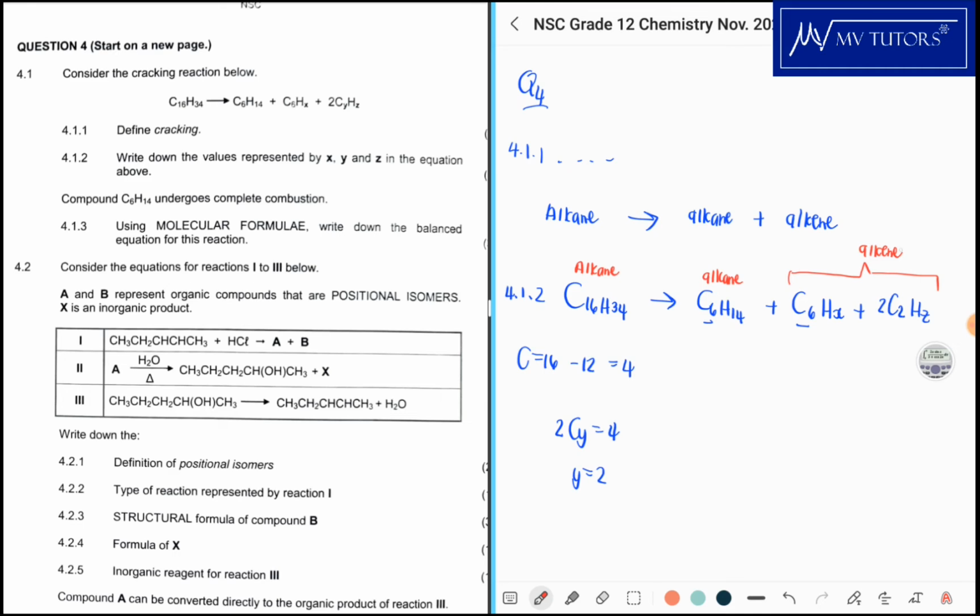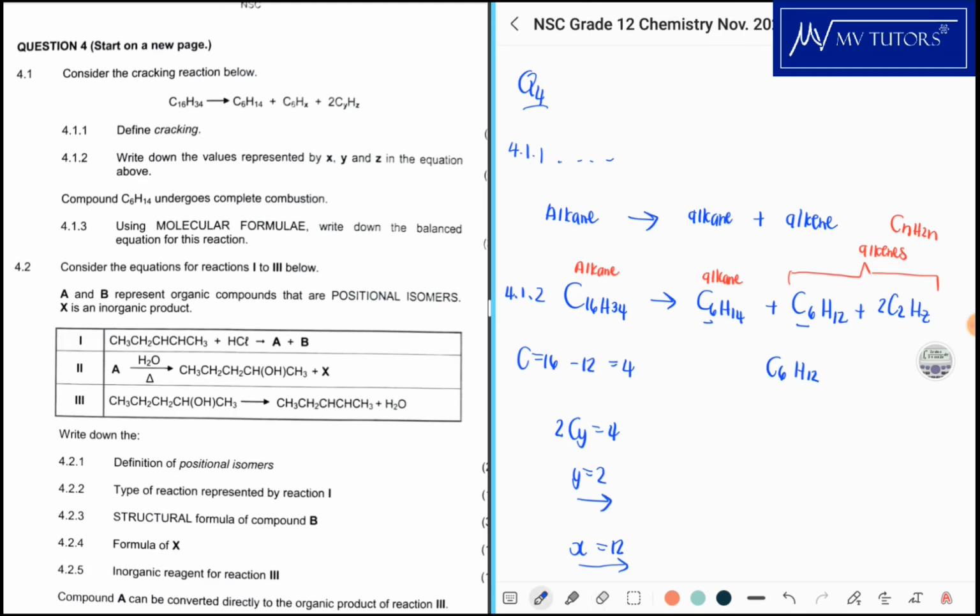So I'm going to take those as alkenes. If we're going to take it as an alkene, it means the general formula for an alkene is CnH2n. So we can then get X, because if C is 6, H has to be 12. We're just going to say 2 times the 6. So I said Y is 2, and then X would be 12. So we can already just put the 12 there.